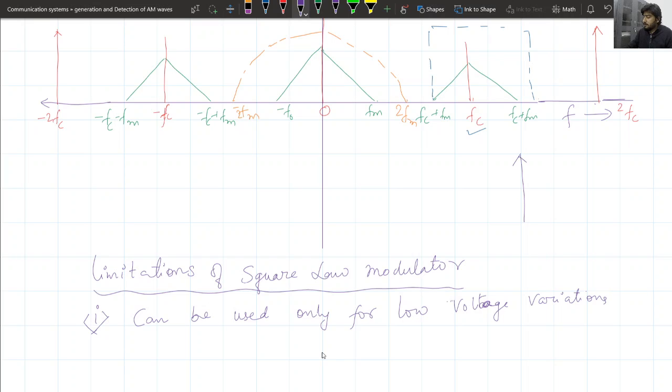Because as we know, for a non-linear device like diode, the non-linearity is obtained on a very small portion of the curve.